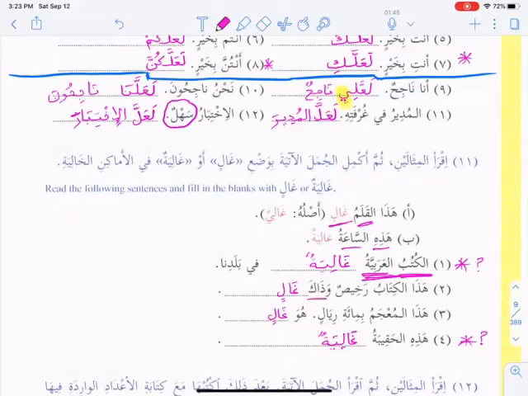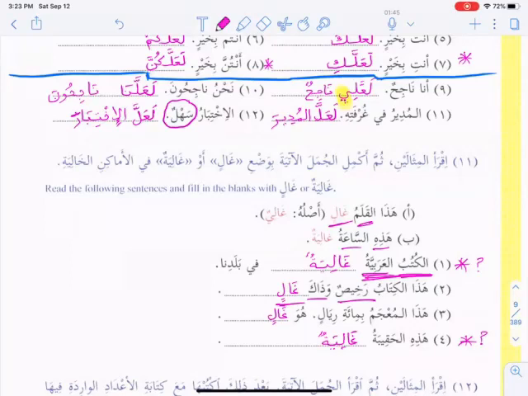Hadha al-kitabu rakhisun. This book is inexpensive. Wazaka, then galin. Had it been the other way, hazihi saatu rakhisatun. Tilka, then you will say galiyatun. Here also rakhisun, so galin came. Let me repeat that. Hazihi saatu rakhisatun. Tilka galiyatun.